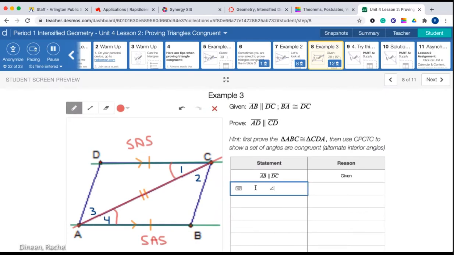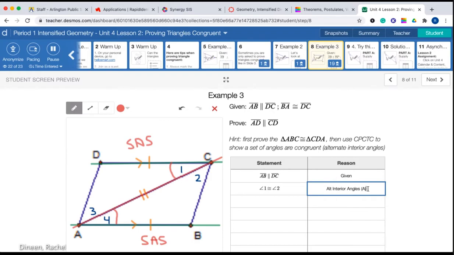So angle 1 is congruent to angle 2 because of alternate interior angles. So that's an angle. And again, you don't have to go in the order. Like this one, just because of how I started, it's not going to go in the same order.